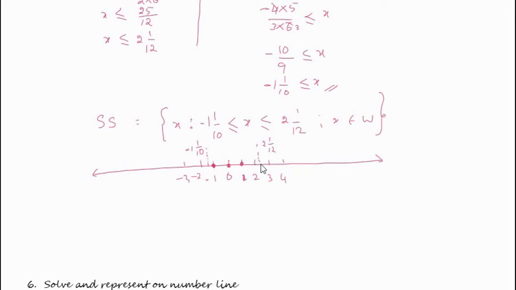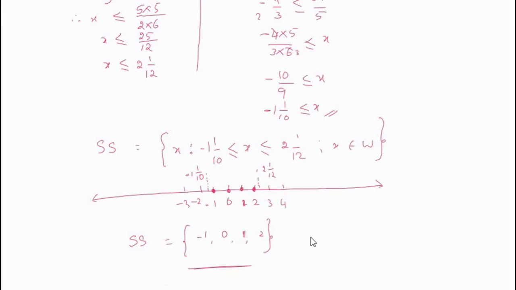So this is 2 1 by 12. So 2 is also included. So this is the solution set for the above problem. Or if you want to represent the solution set in roster form, that is minus 1, 0, 1 and 2. This is the solution set for the above problem.